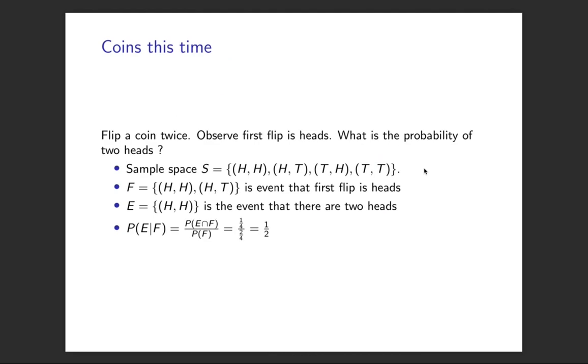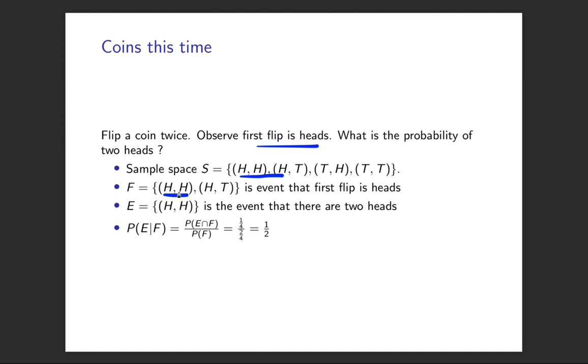Let's try some other examples. Suppose we flip a coin twice. Suppose the first flip is heads. What's the probability of 2 heads? So our sample space, we know already, is four elements. The event that the first flip is a head is the restriction F, the subset of possible outcomes where the first coin is a head.